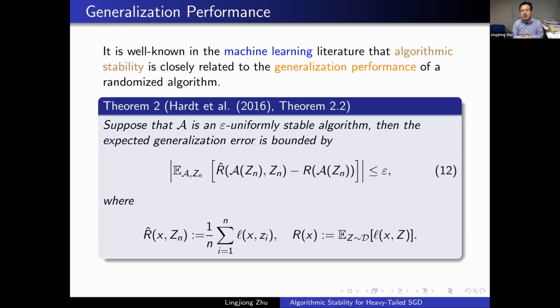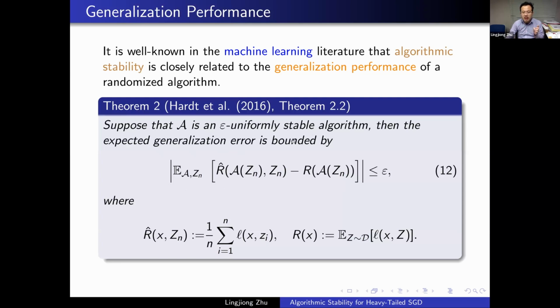So the goal is to show how to investigate algorithmic stability for heavy-tailed SGD. As I mentioned, in the machine learning literature, people understand that algorithmic stability is closely related to generalization performance. The expected generalization error bound, given by the left-hand side of equation 12, is bounded by epsilon, supposing the algorithm is epsilon uniformly stable.